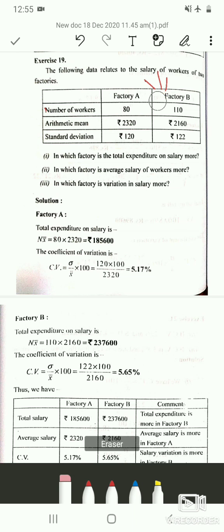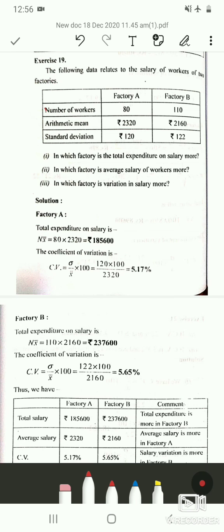So let us see what are those values. So for factory A, number of workers is 80, and for factory B, the number of workers are 110, and the arithmetic mean is rupees 2320 for factory A, and for factory B it is 2160, and standard deviation is rupees 120, and for factory B it is rupees 122.